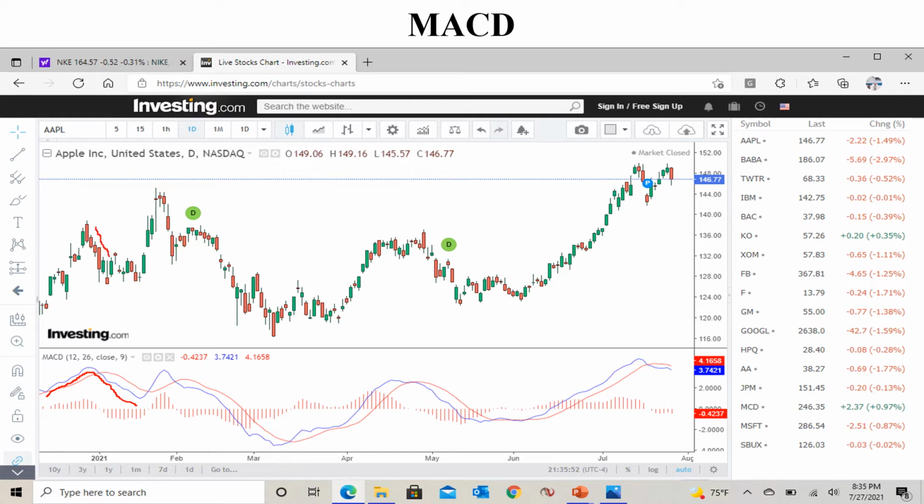You also have these lines here. There's a line going down the center. My drawing's not too good here, but there's a line going down the center. When these little lines go above it, that means the stock was going up. When they come below it, that means that stock was going down.